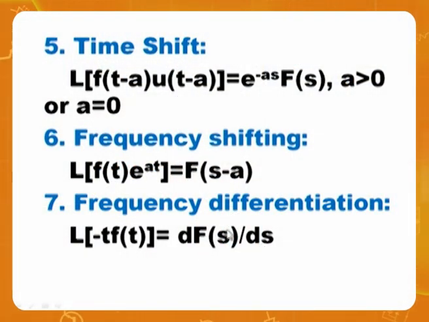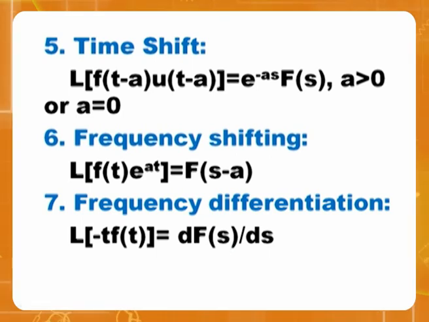That's why you may end up with analysis with F, but you will never end up with analysis with S, because it's only used to simplify the analysis. At the end, you are back to time domain. That's why we always take the Laplace transform and then take the inverse transform. So frequency differentiation: if we differentiate with frequency, this is not very useful to us.